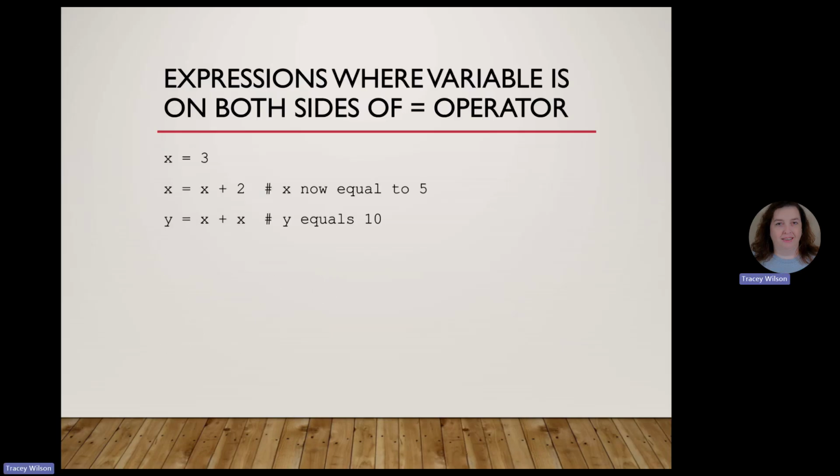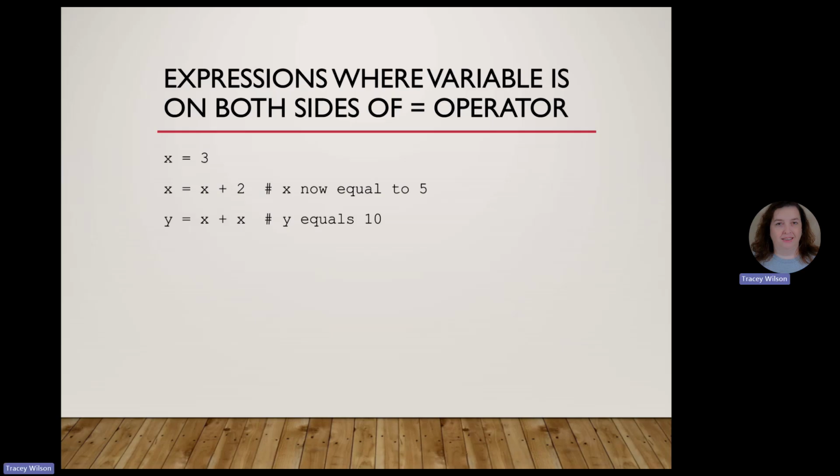But as far as variables being involved, a single equal sign means assignment. I am assigning whatever's on the right-hand side to the variable on the left-hand side. So on this top one, I am assigning the number 3 to x. Now the variable x is holding the number 3. The next line down says x is equal to x plus 2.